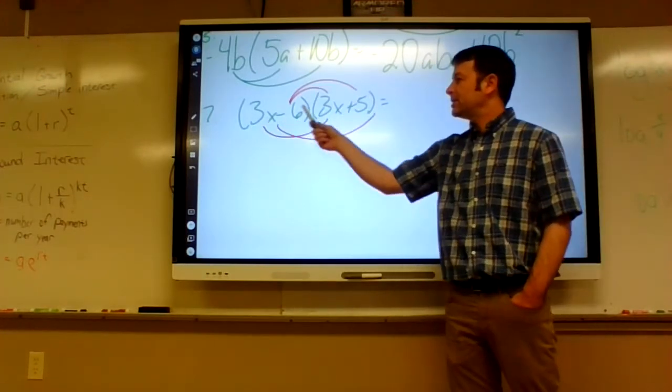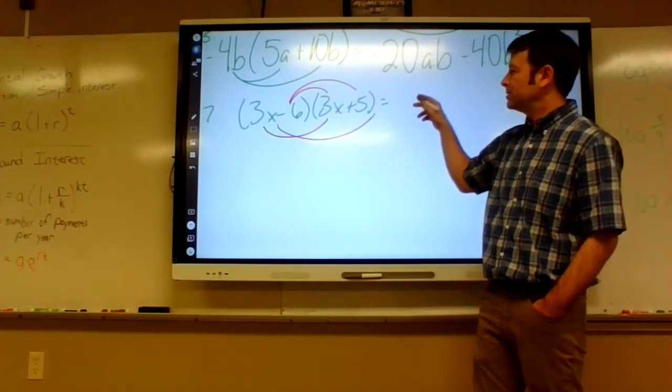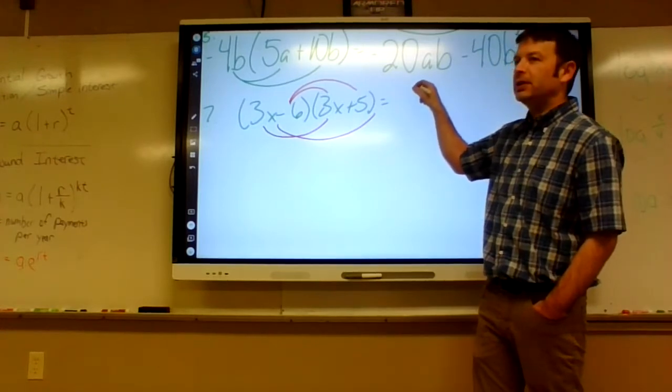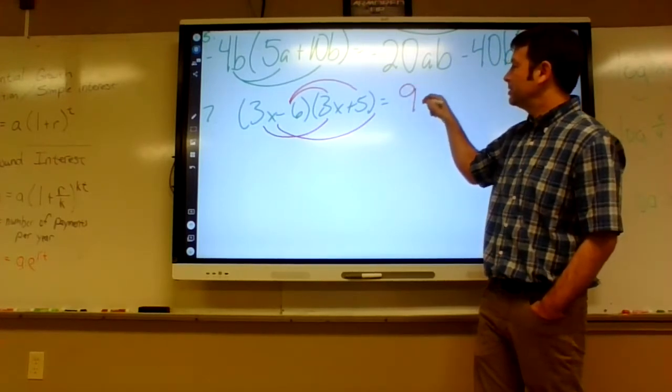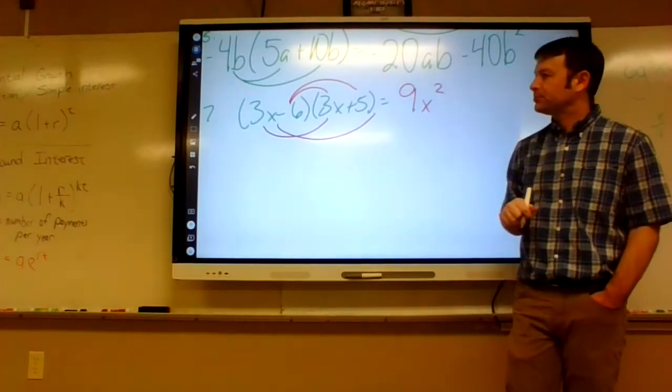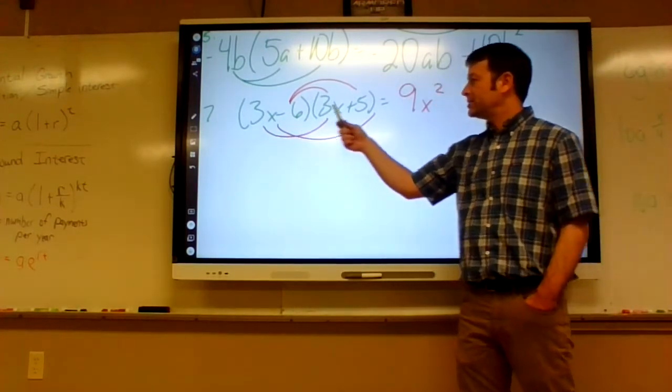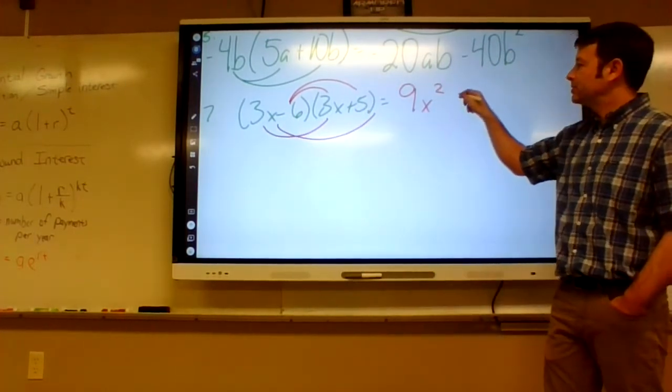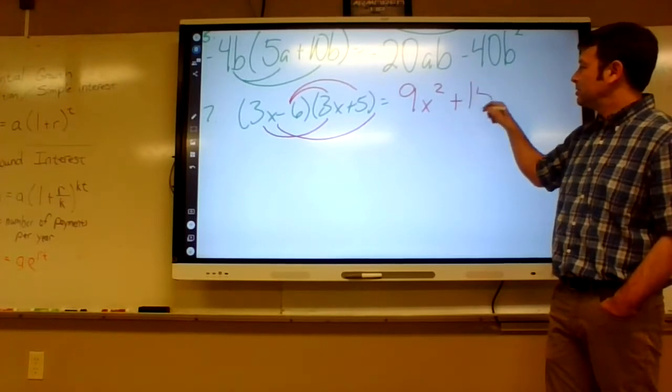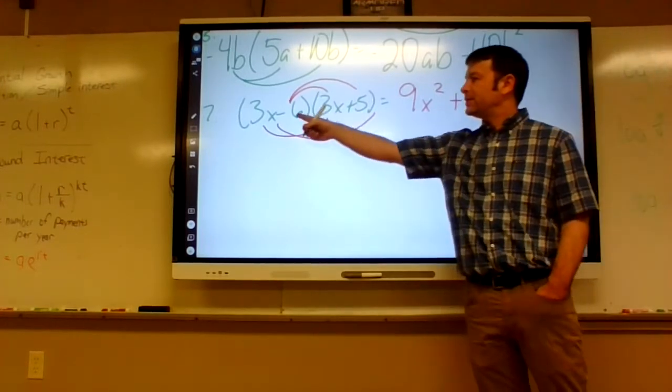So 3x times 3x is 9x squared. 3x times 5 is 15x.